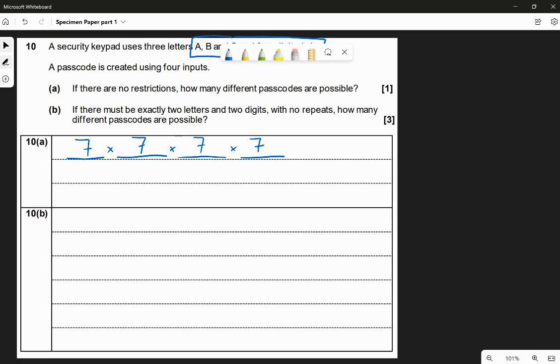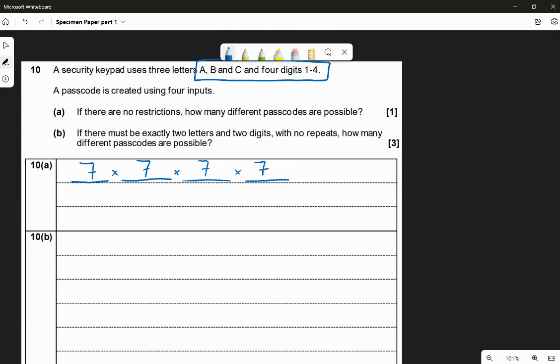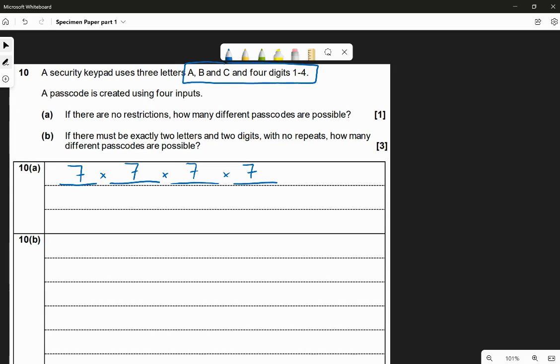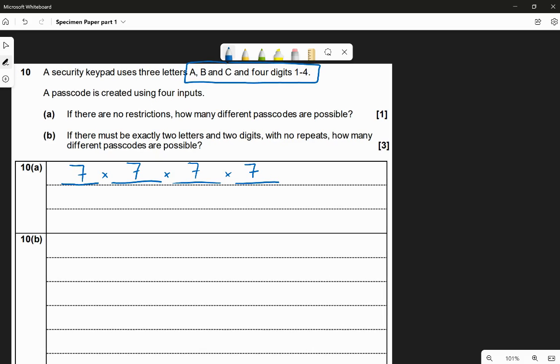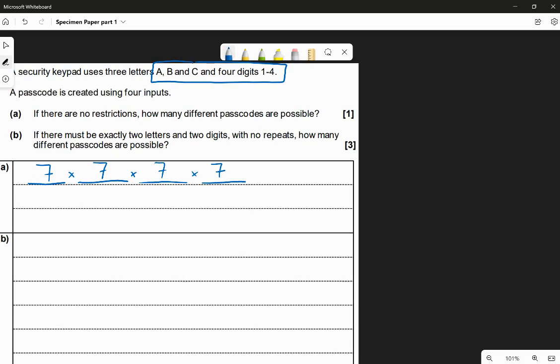Part B. If there must be exactly 2 letters and 2 digits with no repeats, how many different passcodes are possible? Okay, this takes a little bit more thought. So, I have letters I could choose.